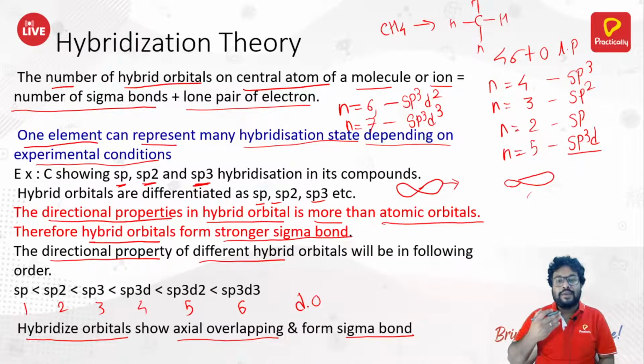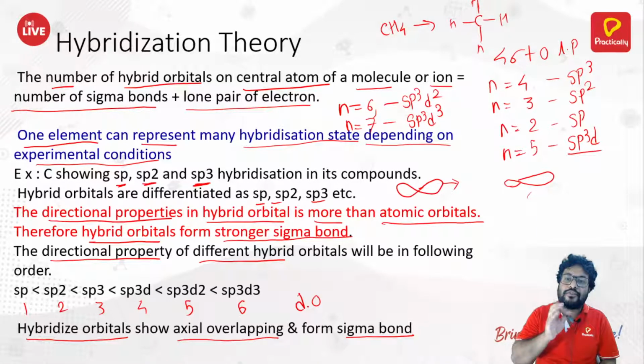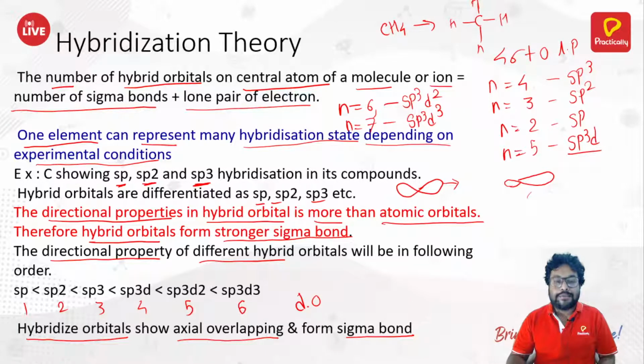And since they have extra directional character, they can only overlap through their heads. Since they can overlap only through their heads, they can only form a sigma bond. That is why hybrid orbitals do not form a pi bond. Pi bond is formed by the orbital which has not undergone hybridization. Okay, remember all of this.